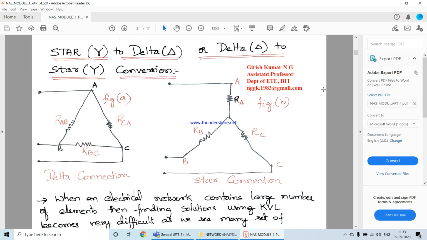Here you can see in this particular diagram, this is the delta network. The reason is it is in delta shape.